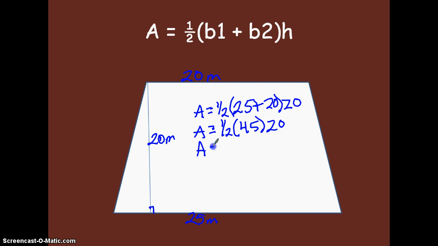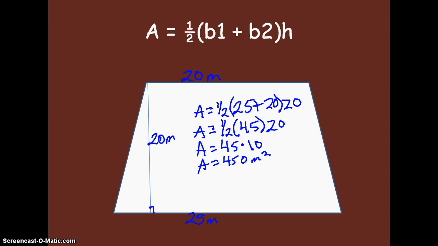So instead of saying half of 45, I'm going to say half of 20. So I'm going to say 45 times, and half of 20, or half times 20, is going to be 10. And then all I have to do now is just say 450 meters squared. So that was just a neat little trick to help make the math a little bit easier on you if you're not using a calculator and you want to do this stuff quickly.